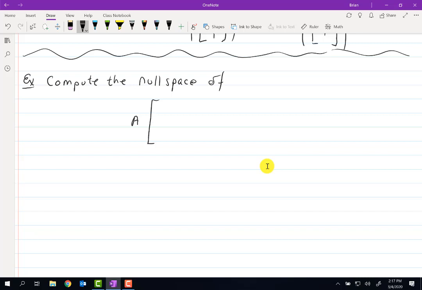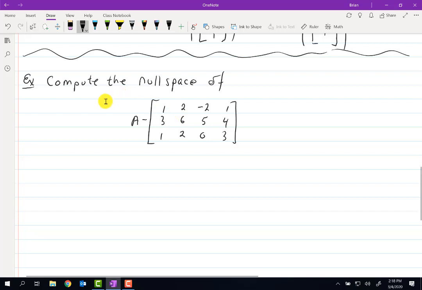I'll have 1, 3, 1, 2, 6, 2, negative 2, 5, 0, 1, 4, 3. Hopefully you can see right off the bat that column 2 is a multiple of column 1, so these columns are not linearly independent. What that means is I'm going to most likely end up with free variables when all is said and done.